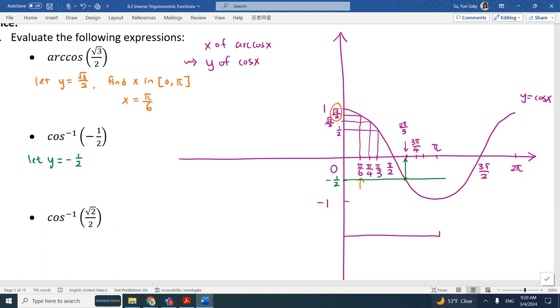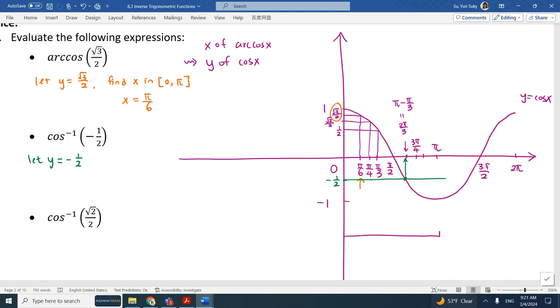So therefore, if you want to use the reference angle, you're doing pi minus pi over 3, which is 2 pi over 3. But if you don't want to use the reference angle and just look at the graph, this is roughly 2/3 of a pi. So it's 2 pi over 3, okay?